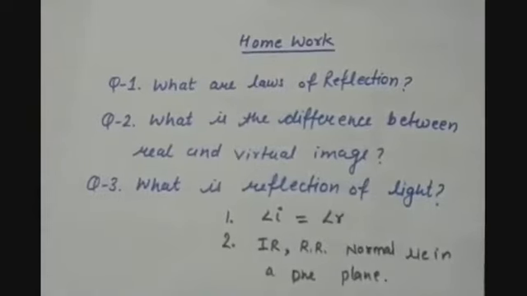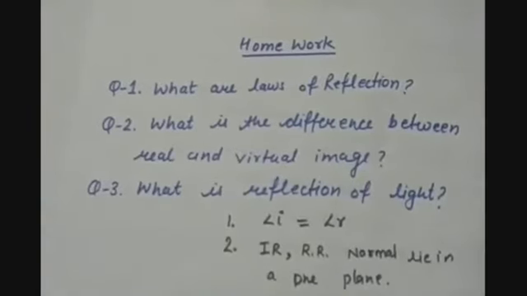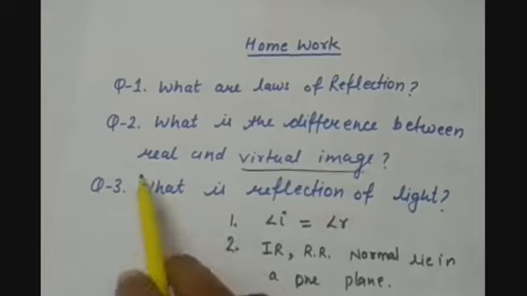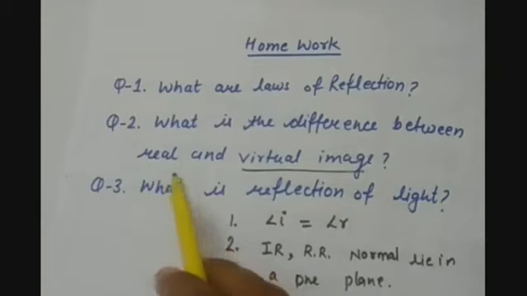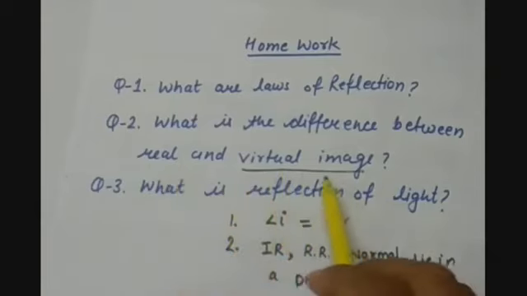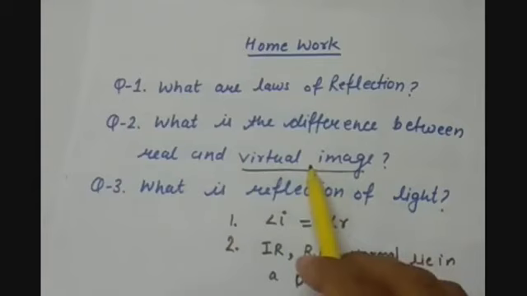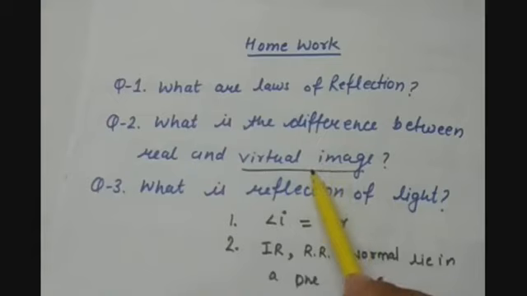Now the second question is, what is the difference between real and virtual images? A real image is obtained by the actual cross-section of the reflected light rays, and a virtual image is obtained from rays that are not actually meeting. They appear to meet at a point when they are traced back behind the mirror.